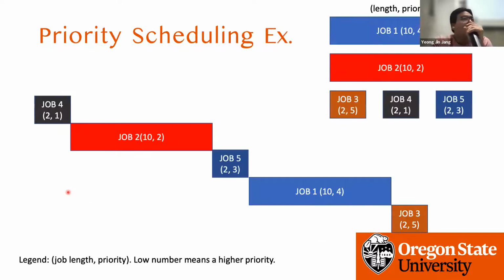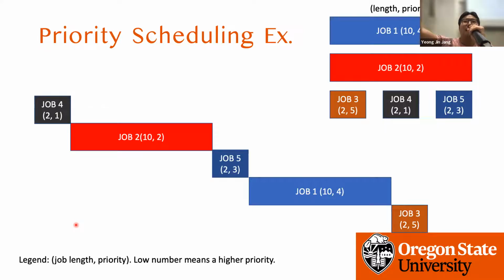Let's take a look at an example of priority scheduling. In this example, we have 2 numbers in each job. The first number in the tuple is the job length, and the second number in the tuple is the priority. In this example, a low priority number means higher priority.